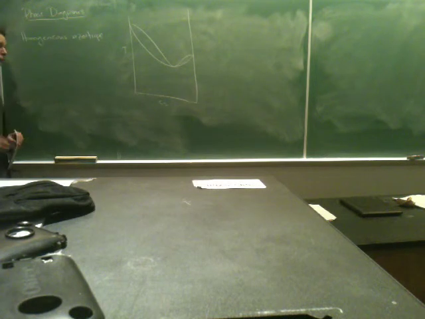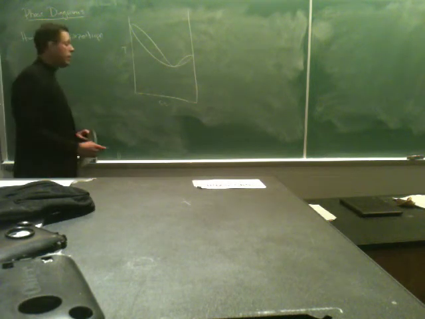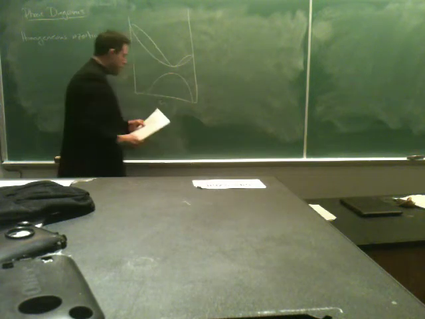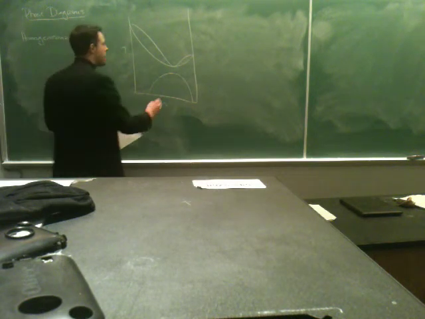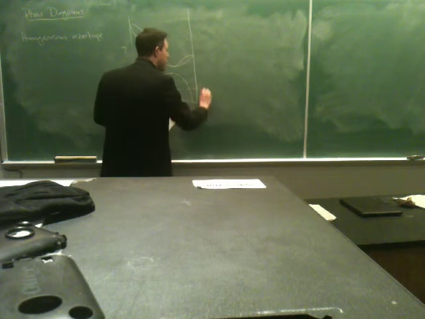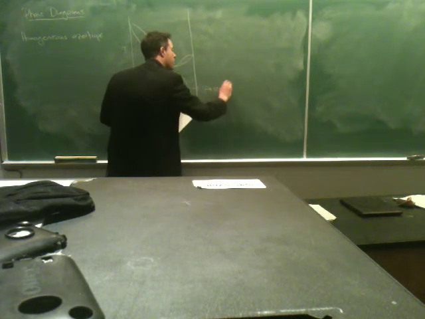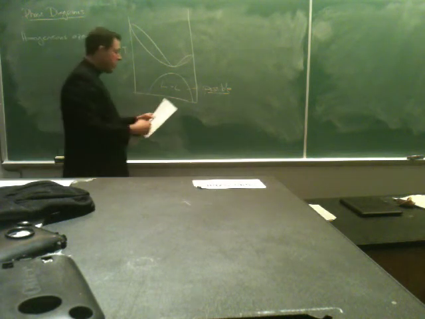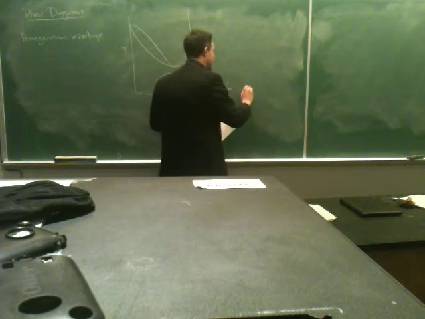One thing that can happen, doesn't always happen, but sometimes there are immiscibility regions beneath them. So this is a possible liquid immiscible space. Possible, meaning not all pairs have this. So I'm not trying to say it always exists, just sometimes it exists.